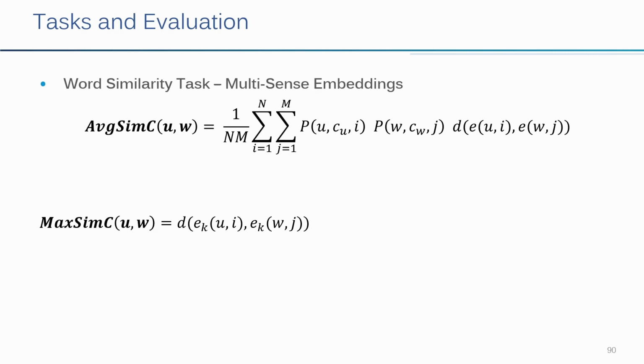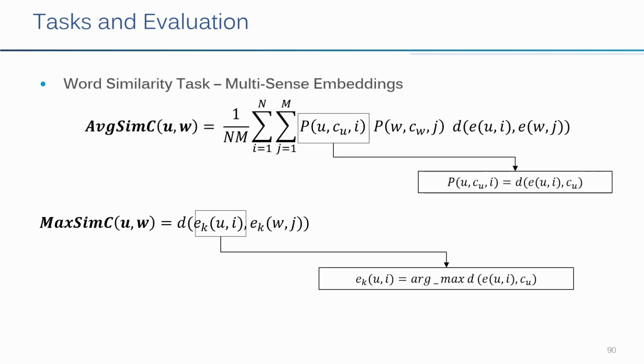One way to deal with this is using average similarity considering the context, which is pretty much what we had before, where we average all the senses that we have there, but also we calculate the similarity of a word sense according to the context that is provided. It's pretty much the same thing, but when we're working with max similarity, we just take the argmax of this entire computation.